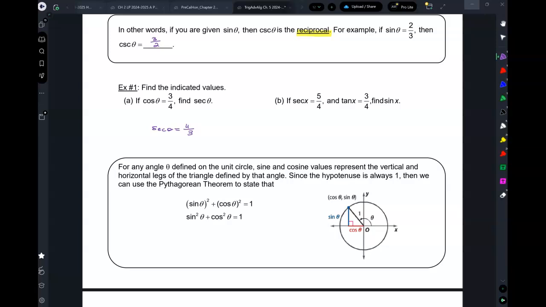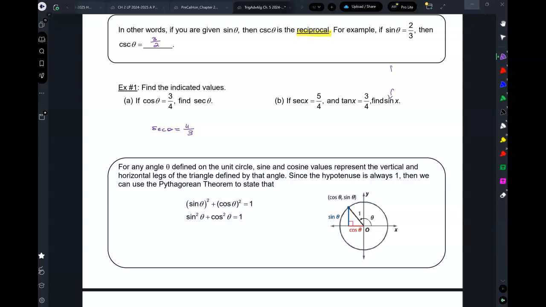Okay, secant of x is 5 over 4, tangent of x is 3 over 4. Now, this is one level up. This is a two-stepper. You have to say what you're given and what you need to find.